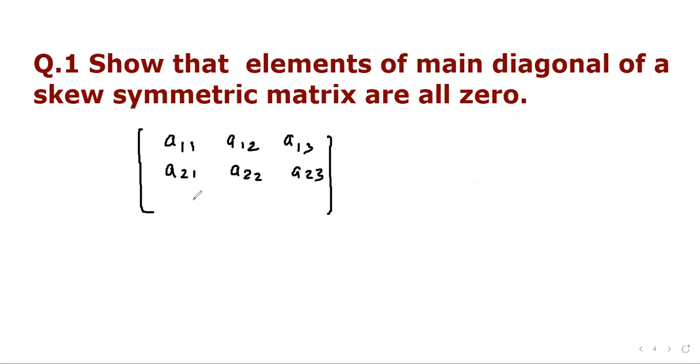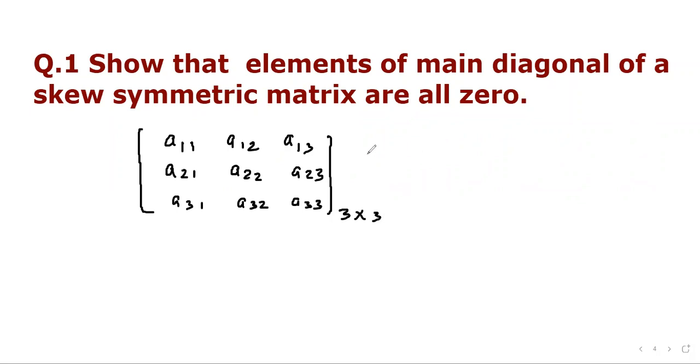Show that the elements of the main diagonal of a skew symmetric matrix are zero. Suppose A11, A12, A13, A21, A22, A23, A31, A32, A33 is a 3 by 3 matrix.